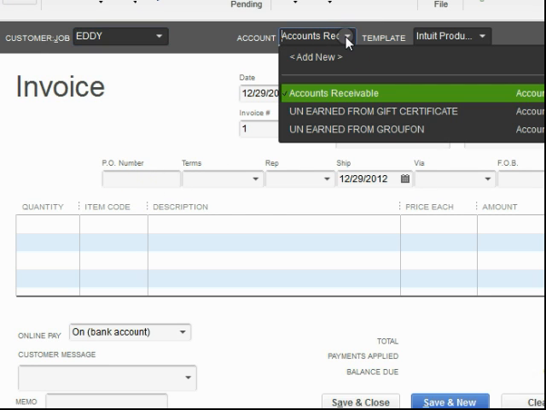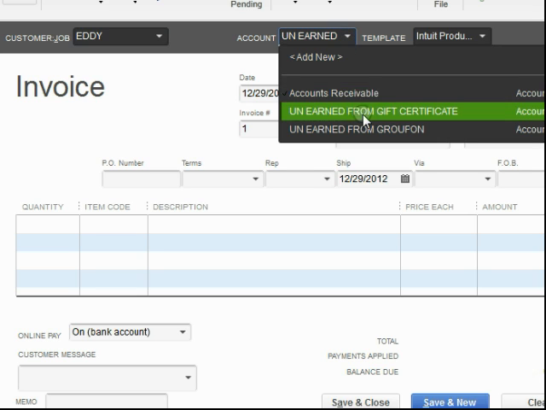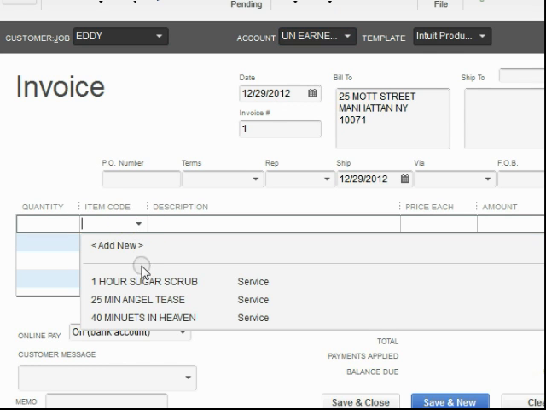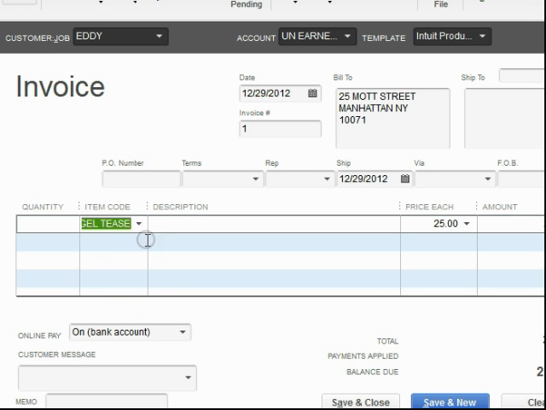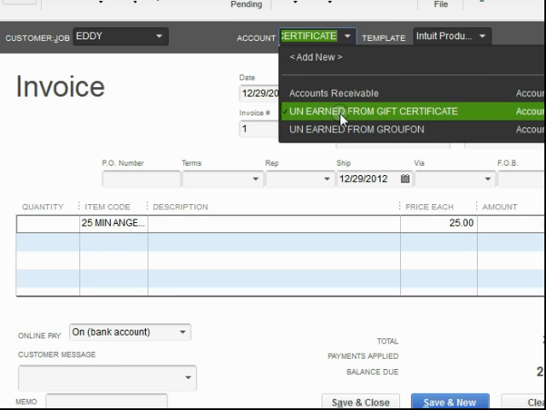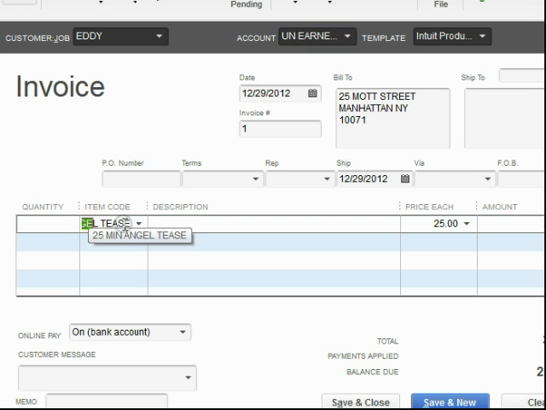Now, make sure the accounts receivable account on the invoice says unearned from gift certificate, meaning the item of service Angel Tees. This will increase income from Angel Tees. So the money's coming from unearned income from gift certificate and going to earned income specifically for the service of a 25-minute Angel Tease.